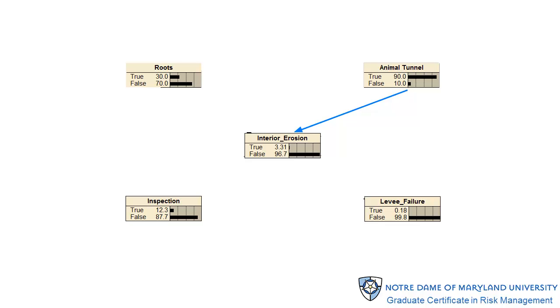Notice there is no arrow or arc linking them. Once the value of internal erosion is known, knowledge of inspection does not affect the probability of levee failure, and vice versa. These unlinked or conditionally independent nodes in a network drastically reduce the computations necessary to work out all the probabilities of levee failure or inspection results that we require.